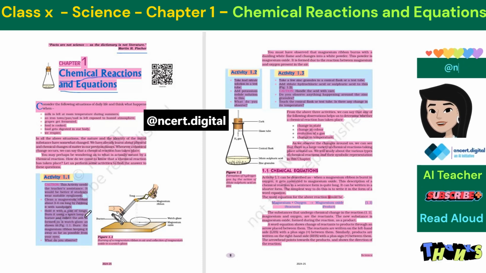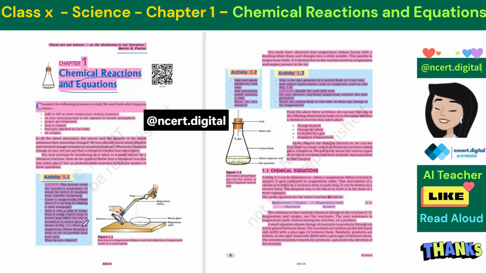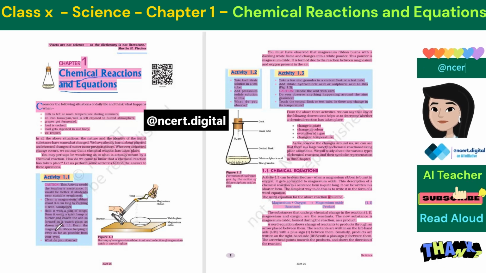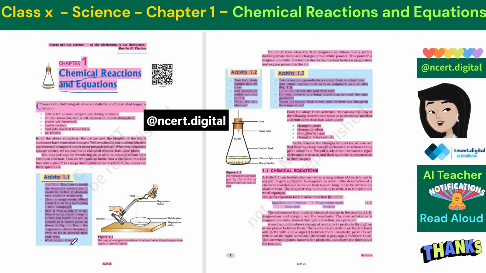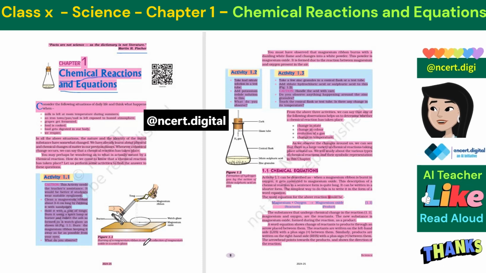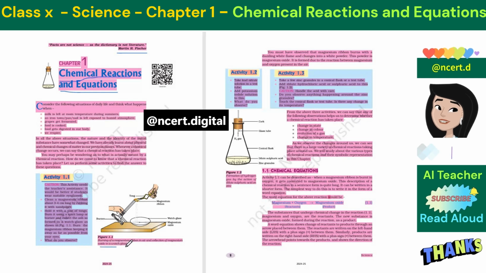Burn it using a spirit lamp or burner and collect the ash formed in a watch glass as shown in Figure 1.1. Burn the magnesium ribbon, keeping it as far away as possible from your eyes. What do you observe? Figure 1.1: Burning of a magnesium ribbon in air and collection of magnesium oxide in a watch glass.